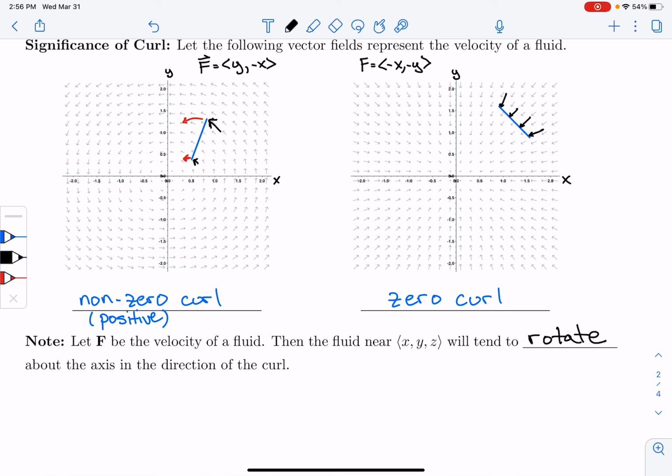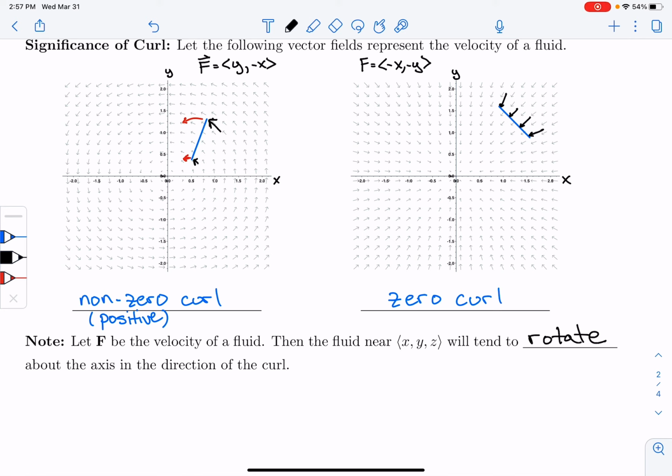rotate. In the case of our non-zero curl, you can think about taking your fingers and curling them with your right hand in the direction of this rotation, and you get your thumb pointing up when you curl your fingers.